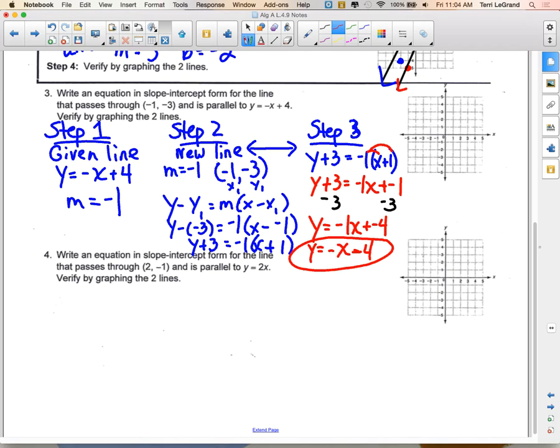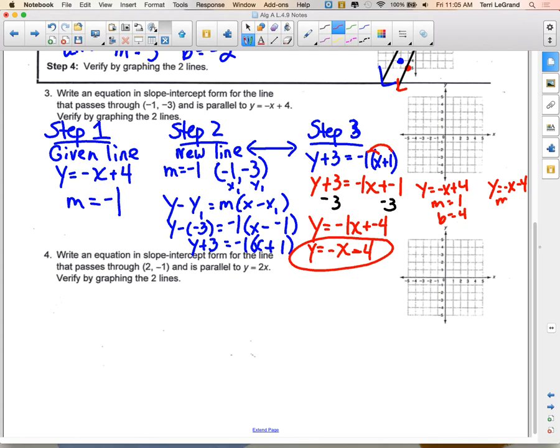And now we're going to graph. Okay? So maybe a good thing to do with this one is over here, let's write down the things that'll help us graph them. So y equals negative x minus 4. This one we need a negative 1 slope and a b value of 4.